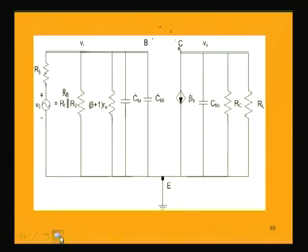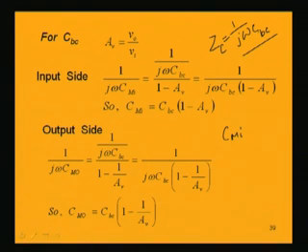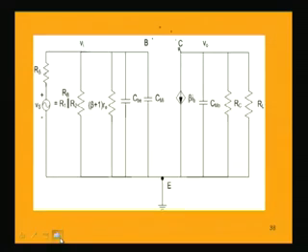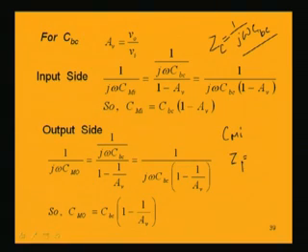So, in the input side CMI will have the impedance 1 by j omega CMI, that is equal to 1 by j omega CBC divided by 1 minus AV. We are just replacing Z; Z1, the value for the Miller capacitance, we are finding out, which is equal to Z by 1 minus k.